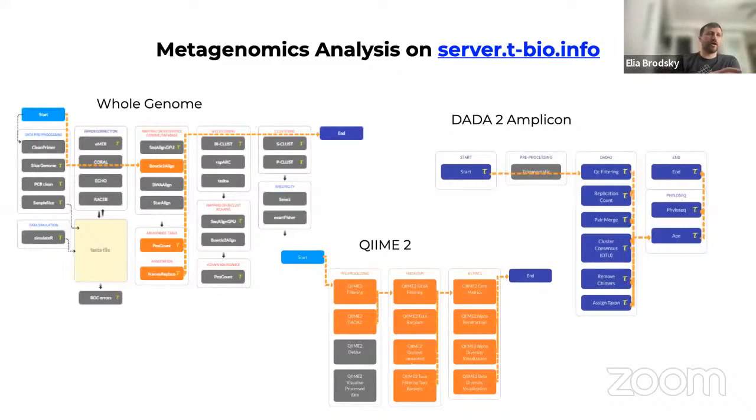Number two, QIIME and DADA2 for amplicon really focus on denoising that data, removing the inaccurate reads, and really focusing on the reads that only match their pairs, and then to annotate them with high quality databases, where you can use standard databases like Silva, which are available online for free, or proprietary databases that might have some specific focus and have some specific annotation.